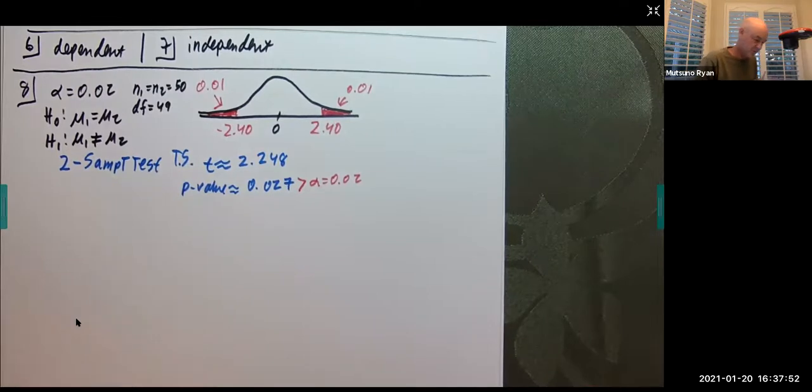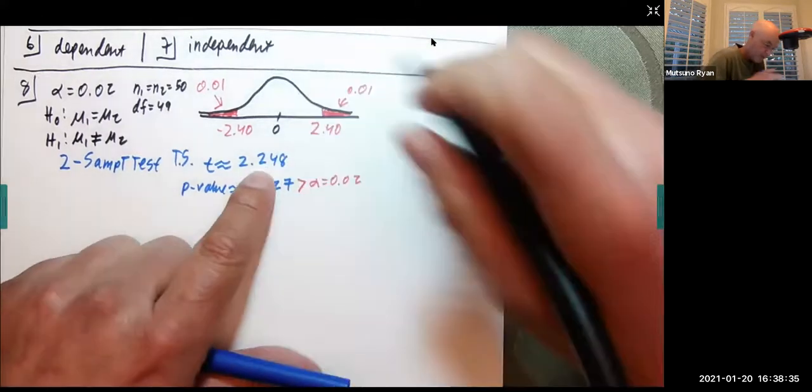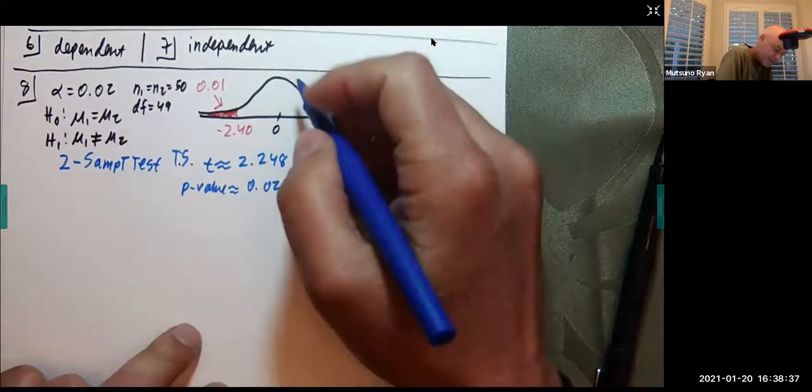And we can see 2.248, pardon me, is here. I'm exaggerating this.